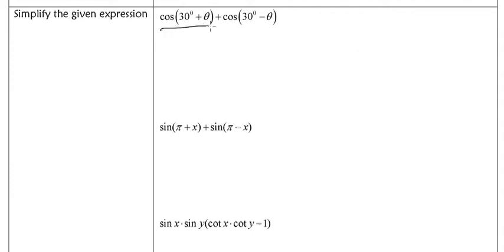So I'm going to start with, actually let's do this in blue, cosine of 30 degrees plus theta. I'm going to break this up into its two different parts.